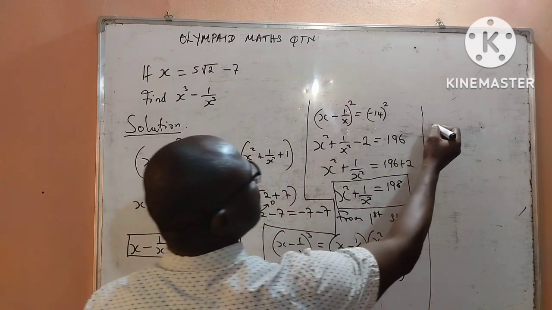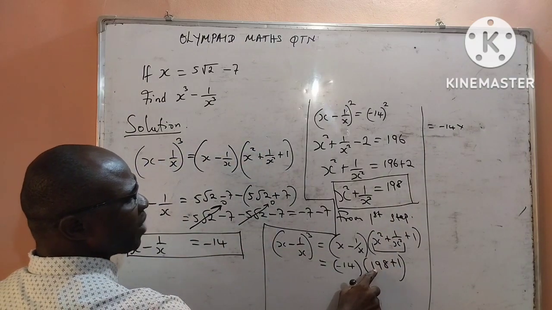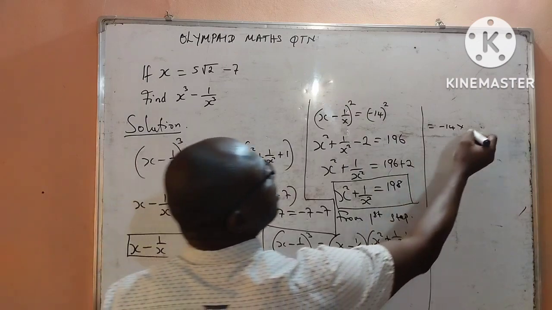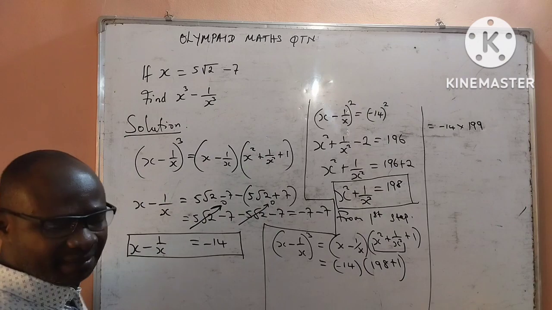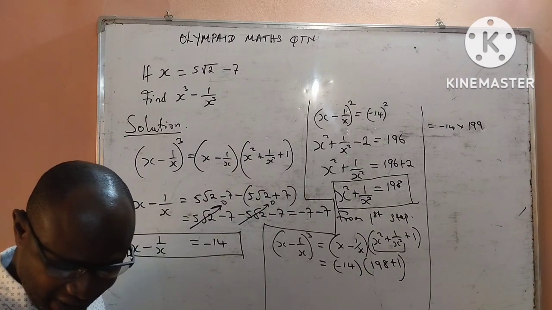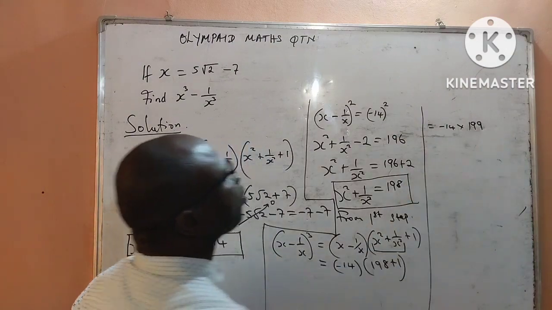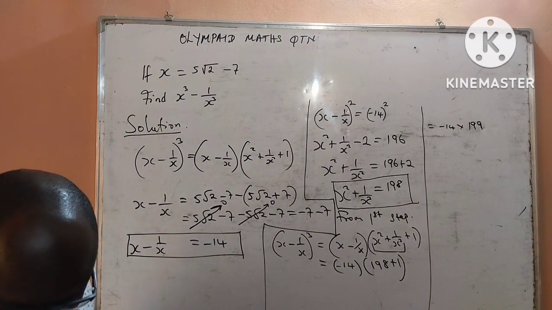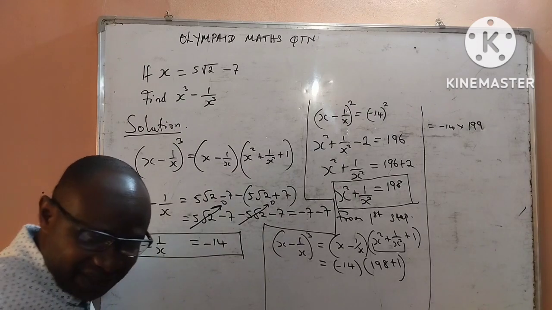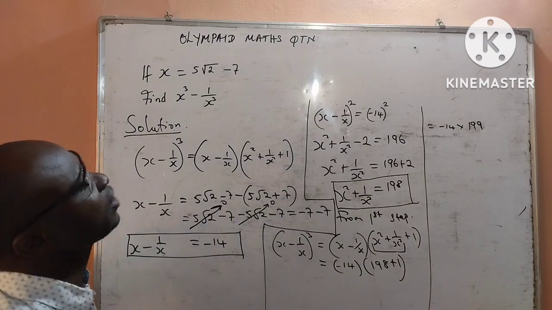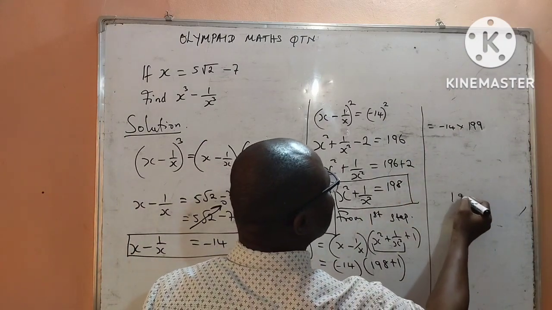So the first bracket is giving me negative 14 multiplied by the second bracket, 198 plus 1, that is 199. That is where I am at this point in time. I shall now be multiplying 14 with 199, and what is that going to give us? Of course, it will give us negative.